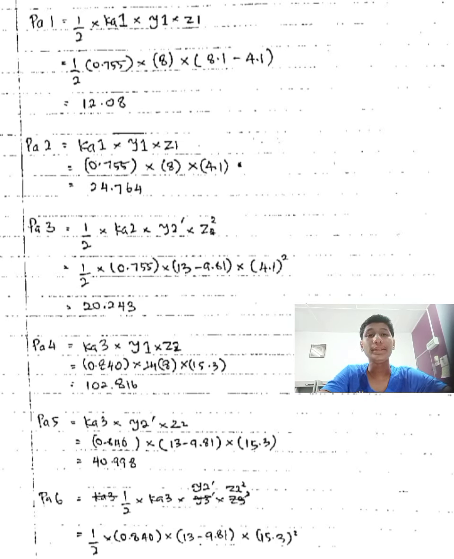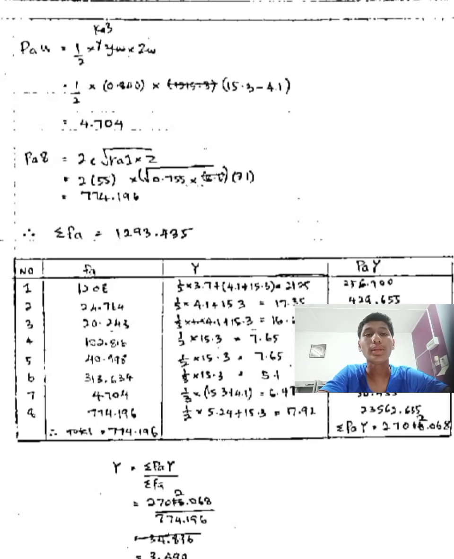Next, PA6, 1 per 2 times KA3 times gamma 2 prime times Z2, where 1 per 2 times 0.840 times 13 minus 9.81 times 15.3 power of 2, the total is 313.634.